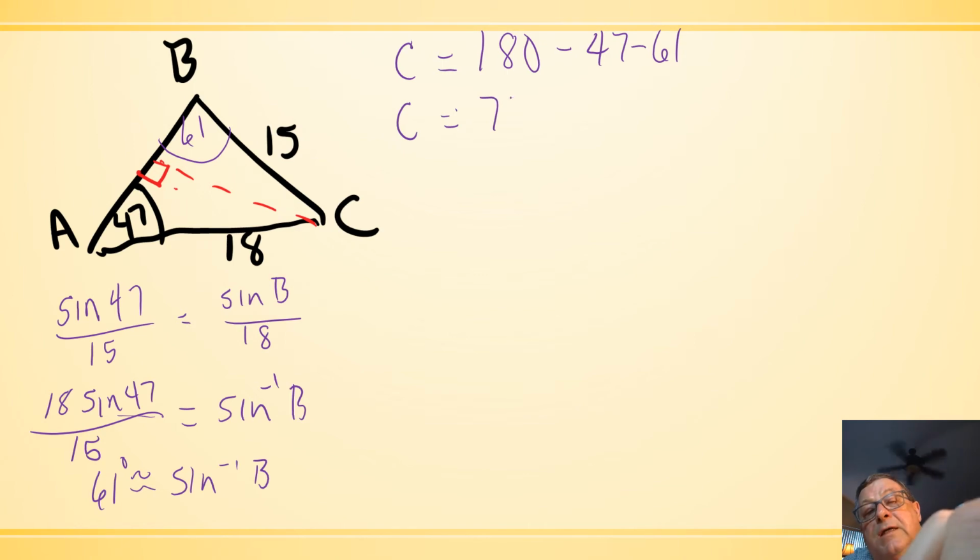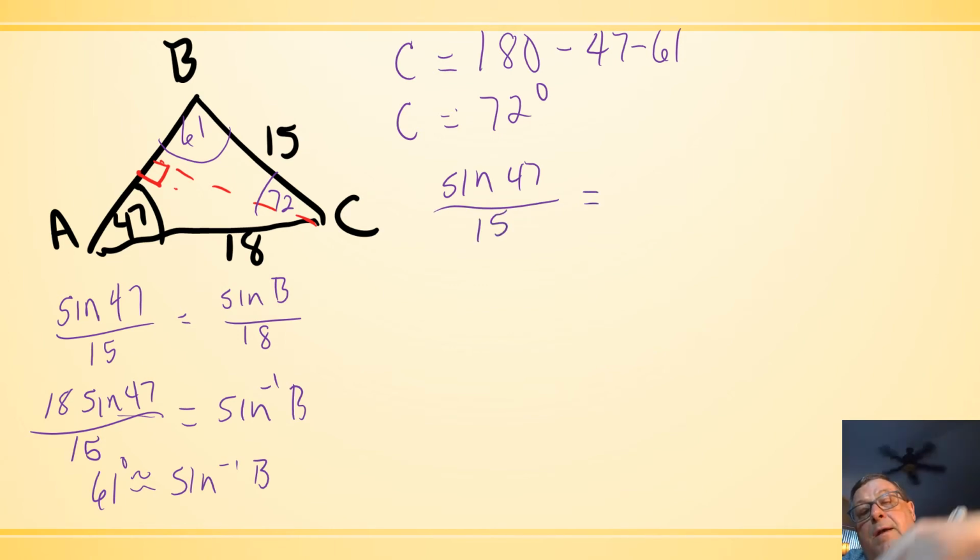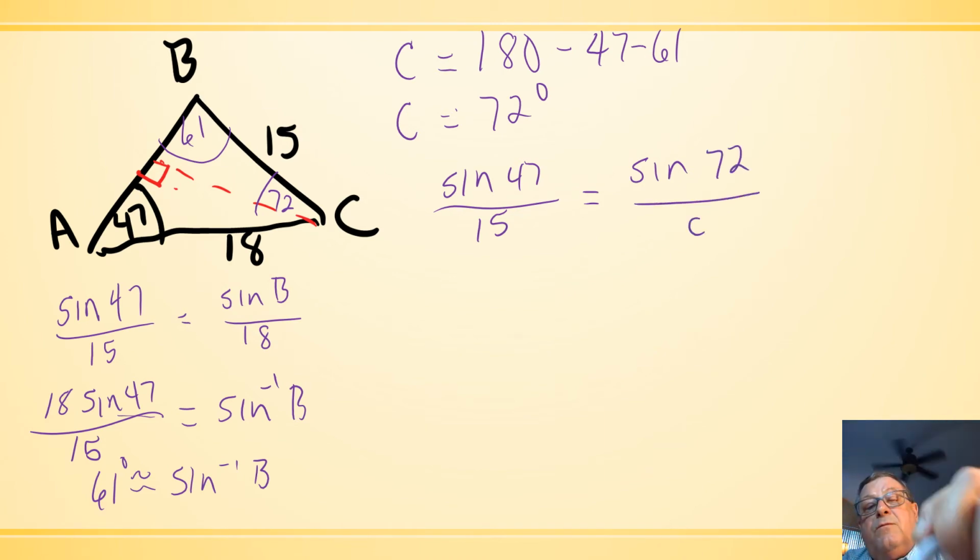So angle C is 72 degrees. Then to find side c, we again go back to the sine of 47 over 15 equals the sine of 72, angle C, over side c, which we do not yet know.